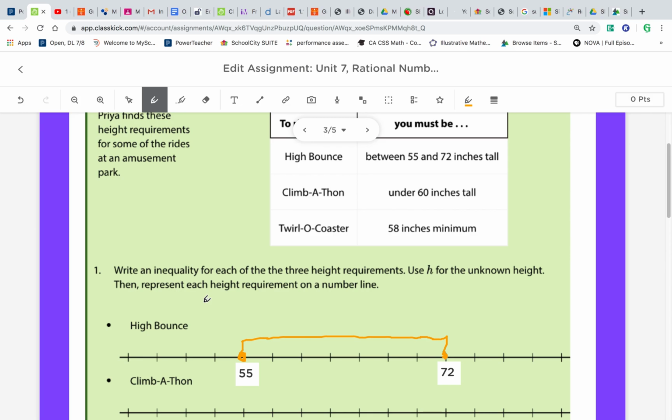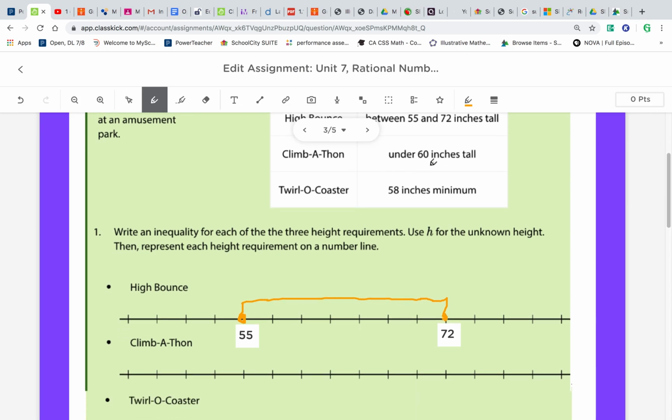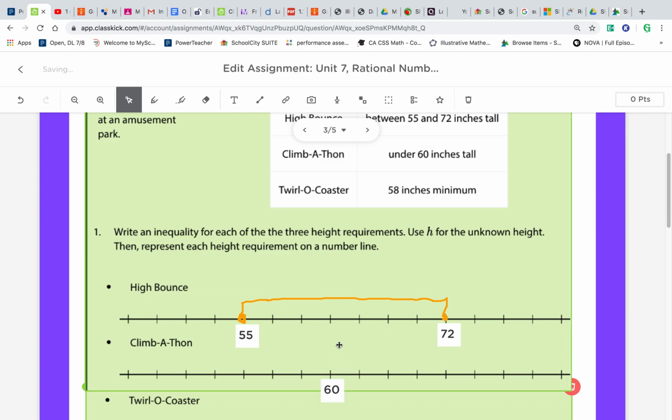Okay, so for the Climathon, you need to be under 60 inches. So 60 is the only dimension we have here. Let's just go ahead and put 60. It's kind of random where I'm choosing it here. It's not a big deal. So if it needs to be under, that means less than.